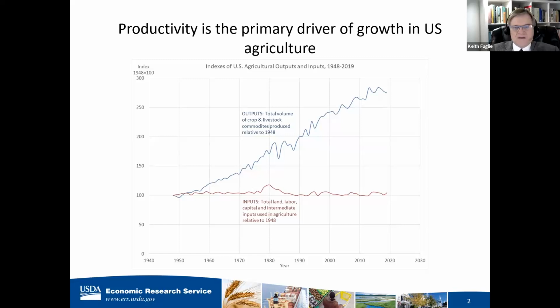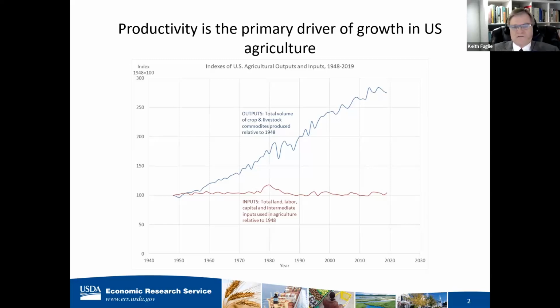And what the figure illustrates is that by the late 2010s, that index of output had climbed from 100 to about 280, which means that U.S. agriculture was producing about 2.8 times the quantities of output compared to where it was 70 years ago.